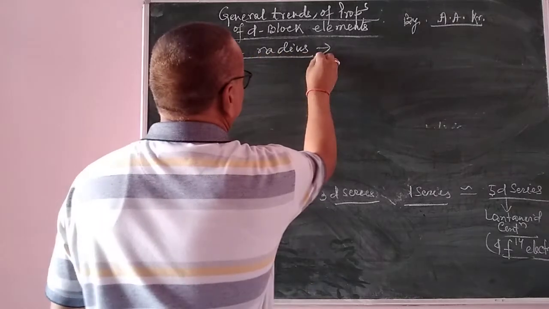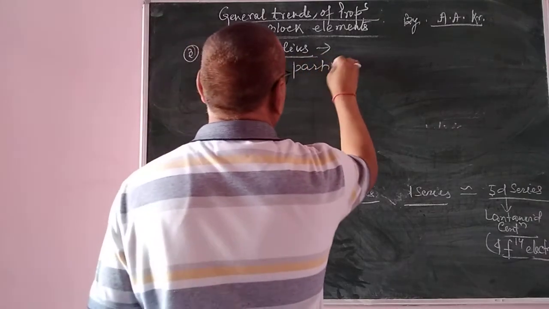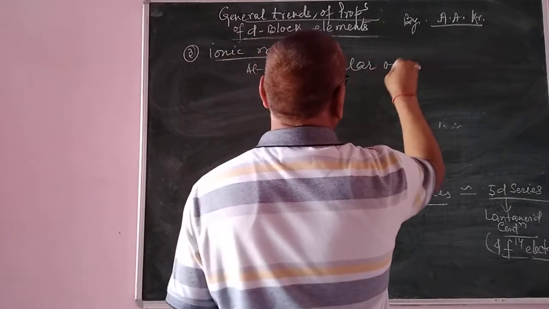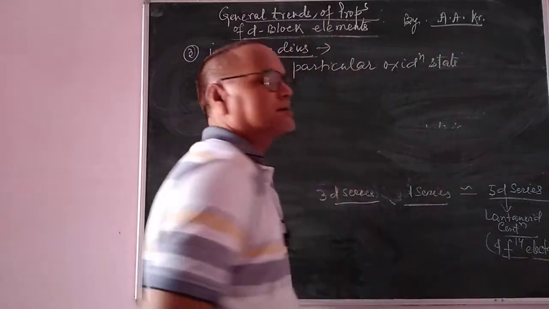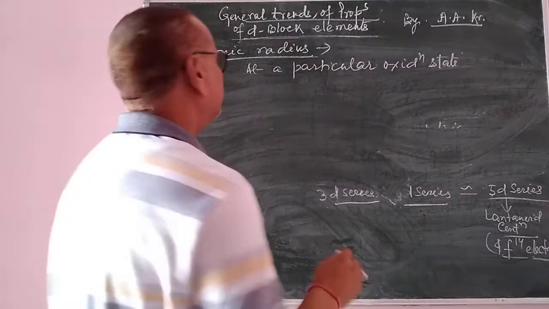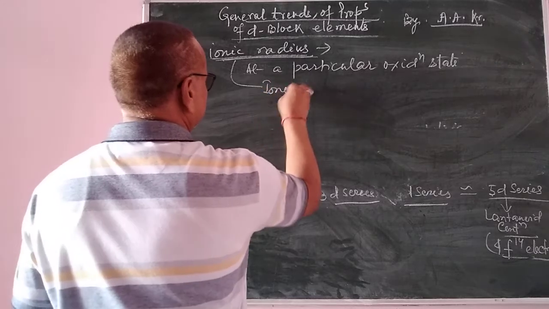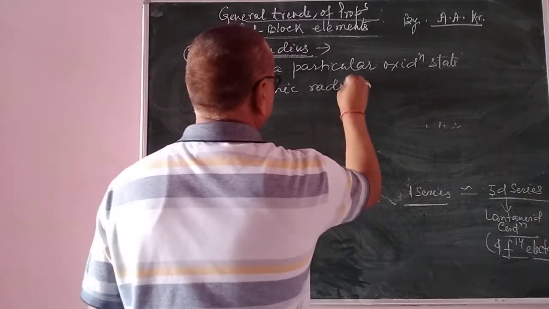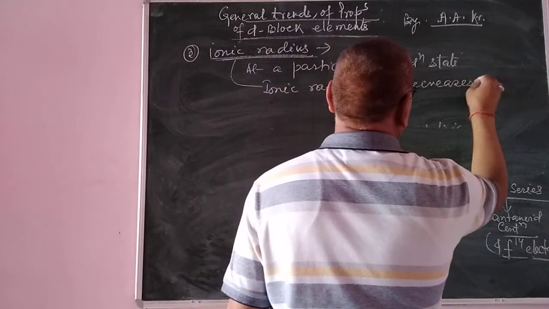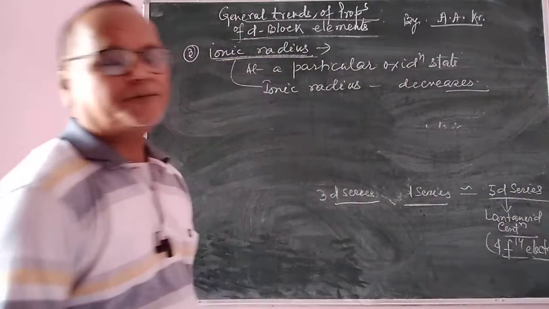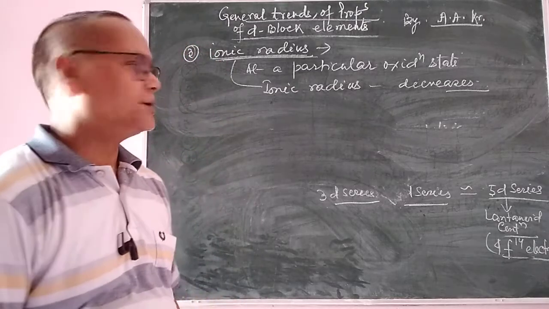So for ionic size at a particular oxidation state, if the oxidation states are the same, the ionic radius decreases in a series, and it follows the same trend as the atomic radius.